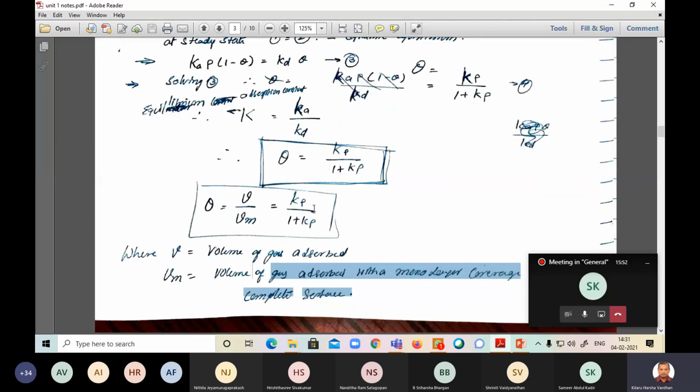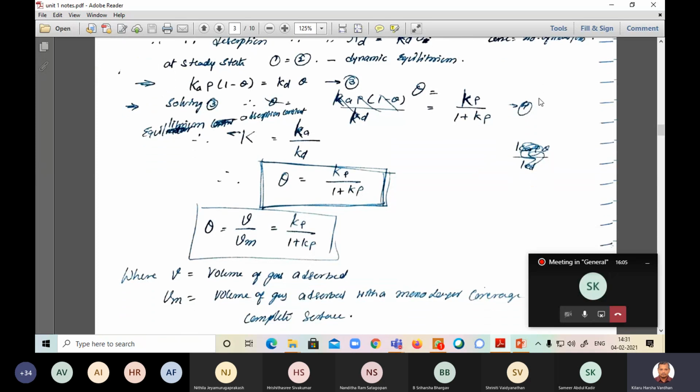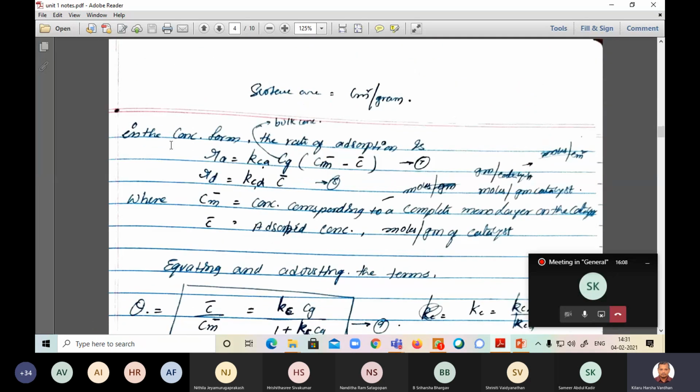So if you want to write in terms of concentration instead of P, that is partial pressure, then the concentration unit should be number of moles per centimeter square or whatever it is. So if you write in terms of concentration, then the rate of adsorption can be written the same way as Ra, the rate of adsorption, is equal to Kca, the adsorption coefficient, into Cg.